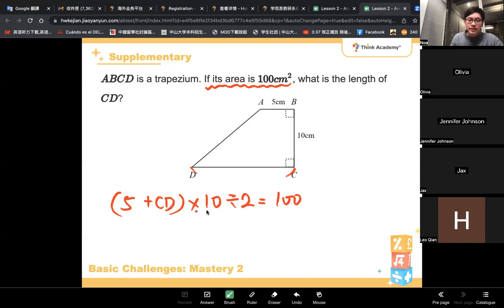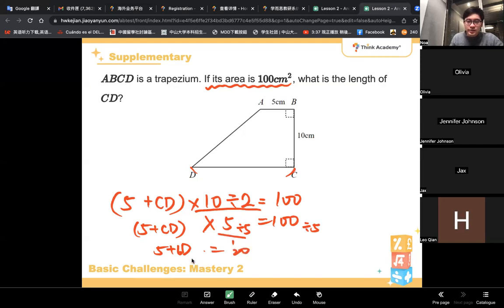Okay. So this is 5 plus CD times 5 is 100. And we can do a little trick here. We divide it by 5 on both sides. So 5 plus CD, this becomes 1 times 1 is nothing, equals to 20. So CD is 15 centimeter. Okay, so that's how you do it. It's pretty easy.